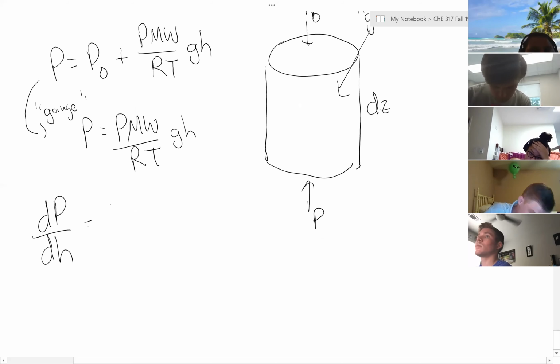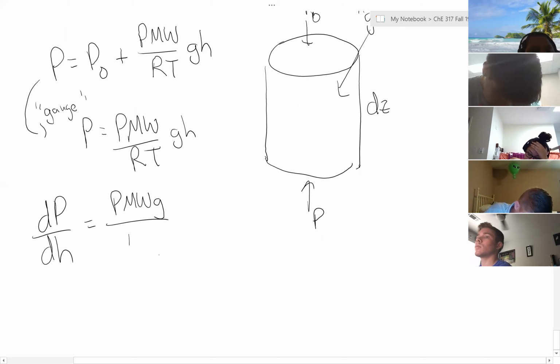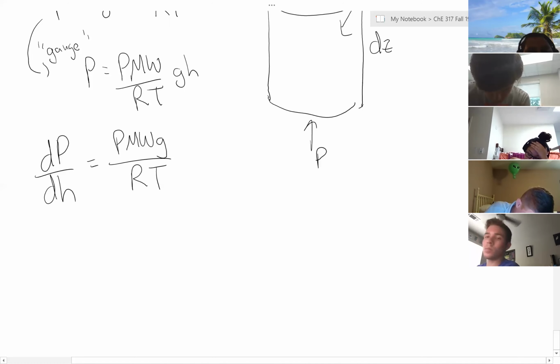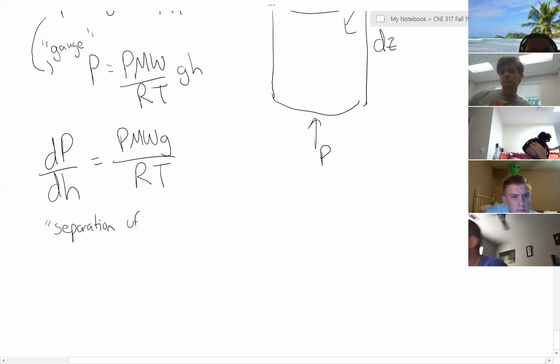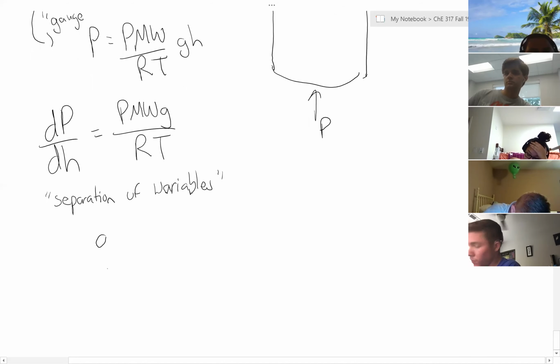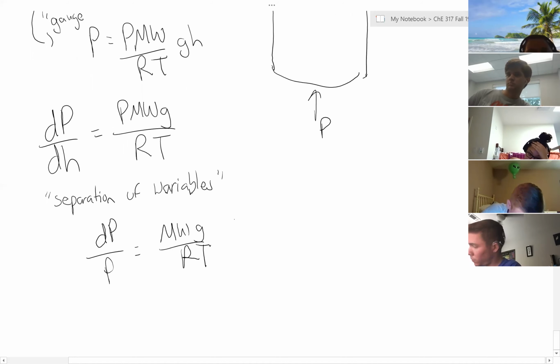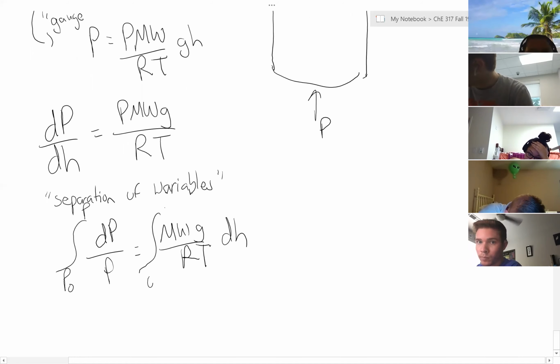Well, it should be P MW g over RT, where if I rearrange that to separate the variables, I'm left with dP over P is equal to MW g over RT dh, which I'll have to integrate from P naught to P, and then integrate this from 0 to H.